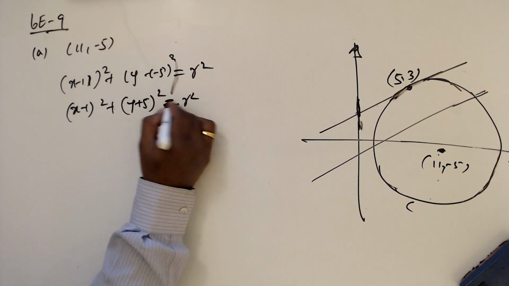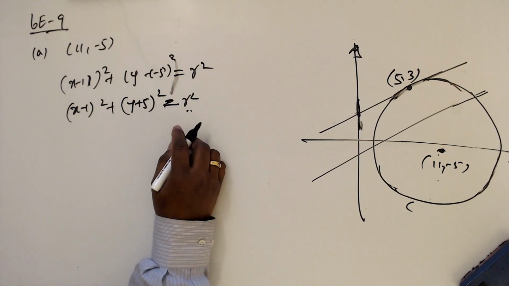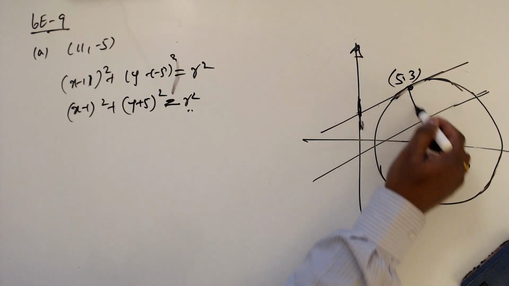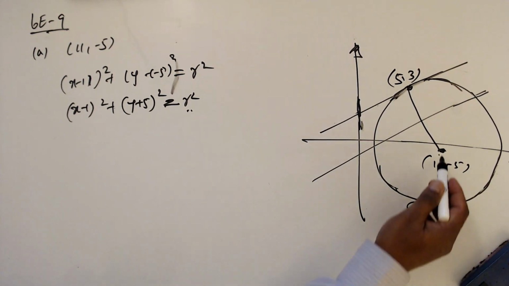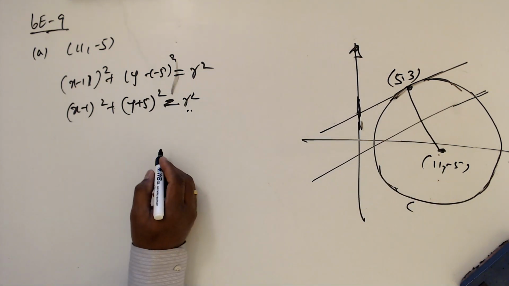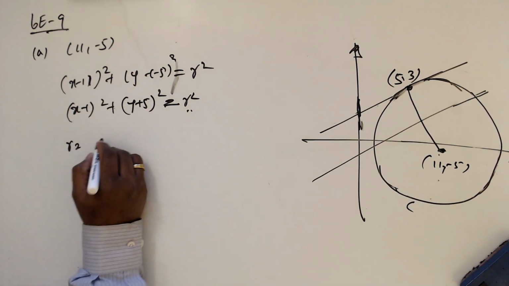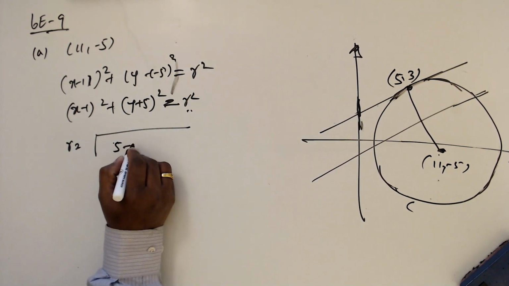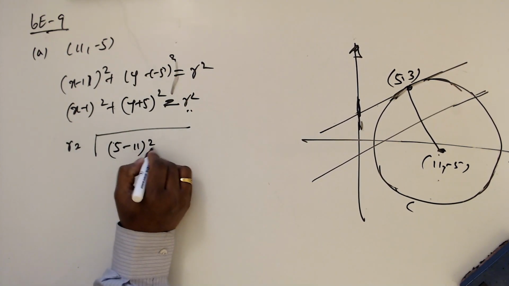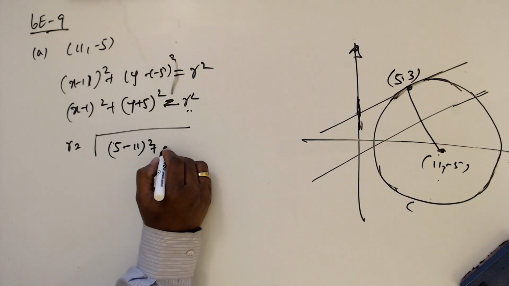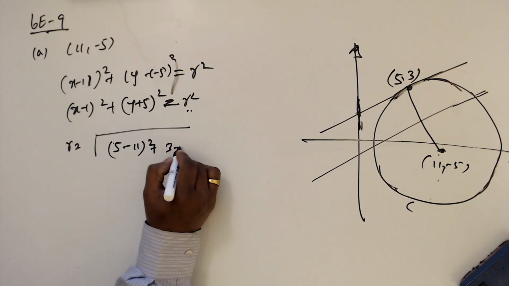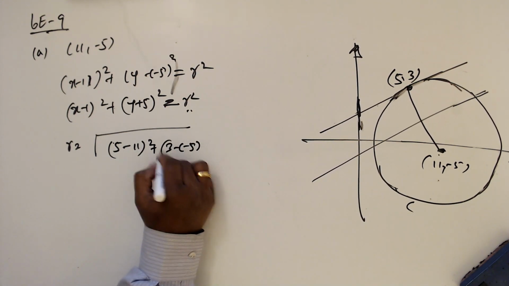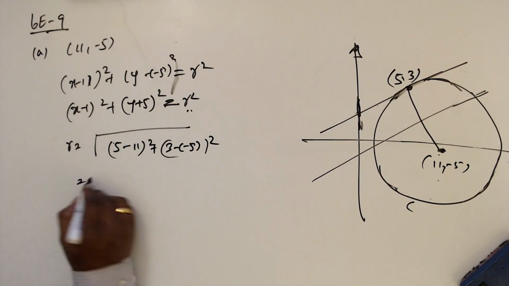Do you know the radius now? We can find the radius, because we know the center and another point. So r equals the square root of (x1 - x2)^2 + (y1 - y2)^2, that is (5 - 11)^2 + (3 - (-5))^2.